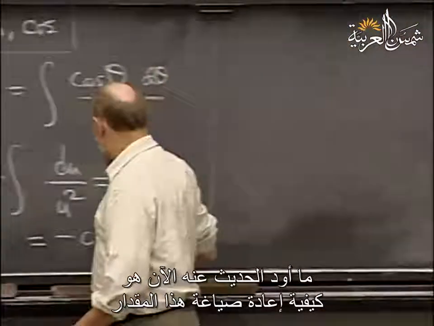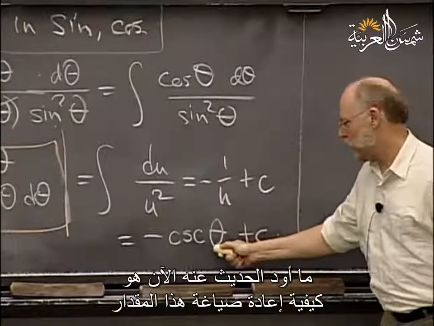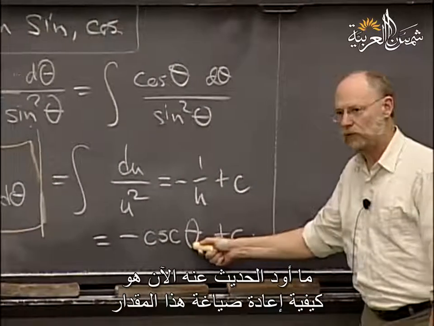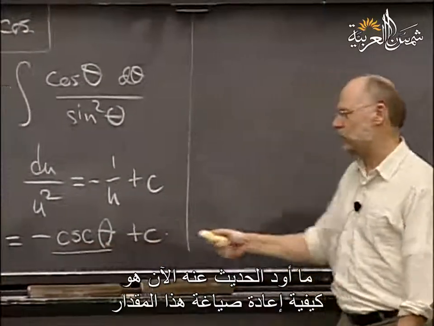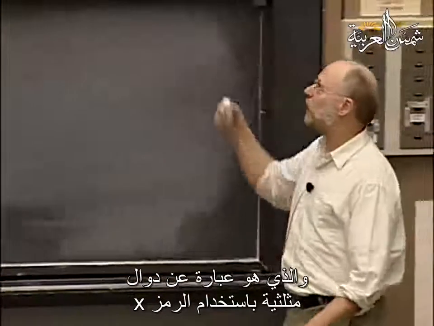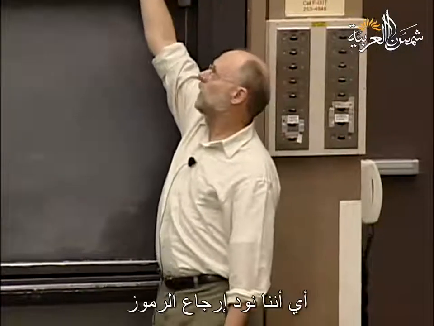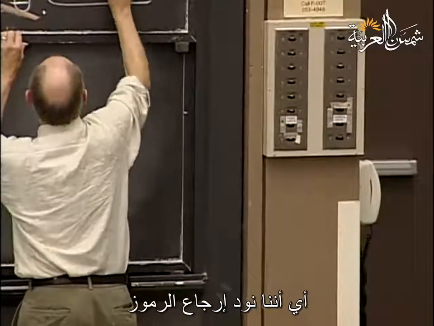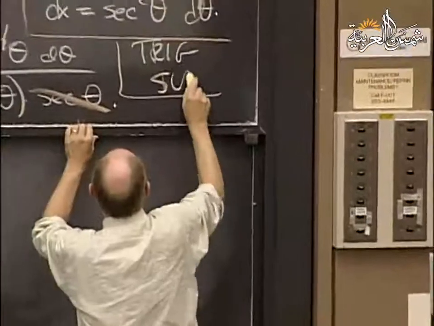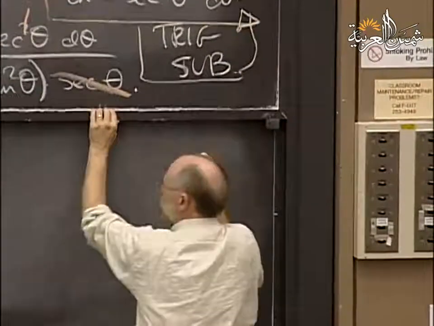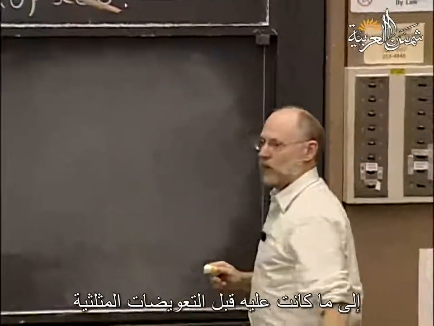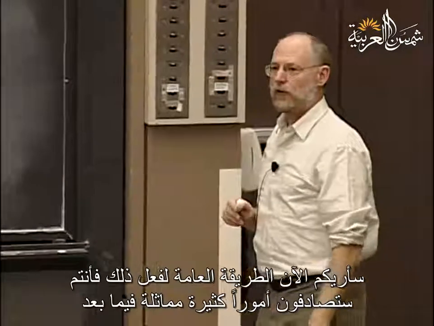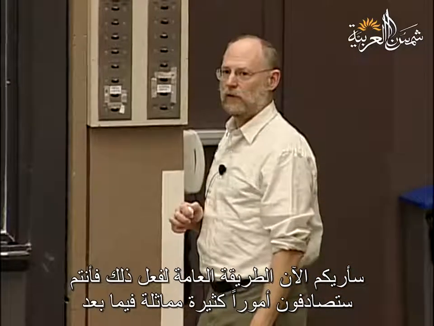So what I want to try to talk about right now is how to rewrite a trig term like this back in terms of x. So I want to undo this trig substitution. This is a trig sub, and I'll show you a general method for undoing trig substitutions.